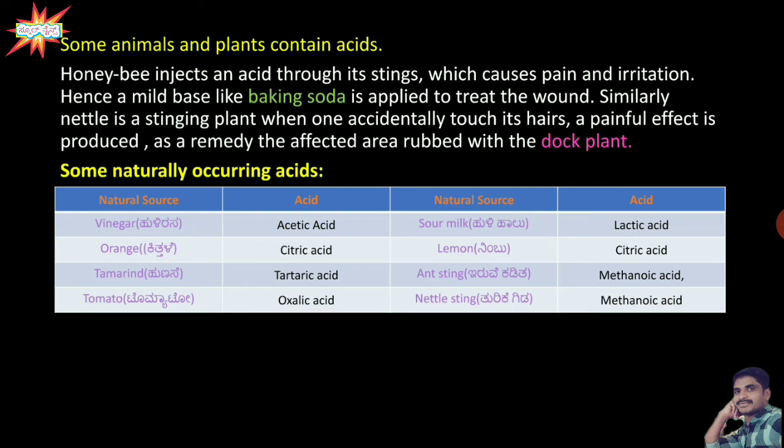Sour milk, udi halu: lactic acid. Lemon, nimbu: citric acid. Ant sting, irve kadita: methanoic acid is present in the ant sting. Nettle sting also has methanoic acid. The ant also has some formic acid. Next, thank you for watching.